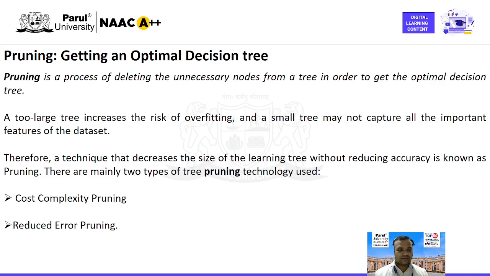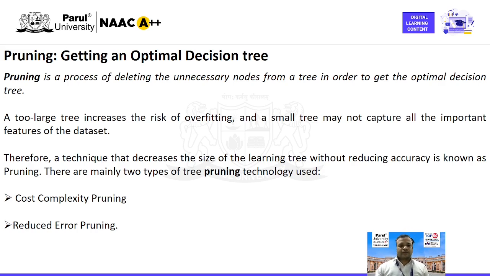A too large tree increases the risk of overfitting, and a small tree may not capture all important features from the dataset. Therefore, pruning is a technique that decreases the size of the learning tree by deleting unnecessary nodes without reducing accuracy.